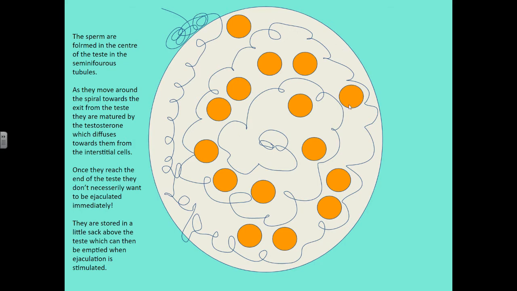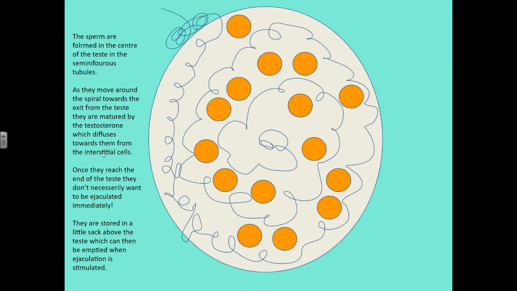Your question might be, what are these orange dots and how did they become matured? So as they work their way around, these orange dots are called interstitial cells. Interstitial just means between. So these, as you can see, are cells that are in between the seminiferous tubules. So as the sperm is working its way around, these orange dots, these interstitial cells, are producing testosterone.